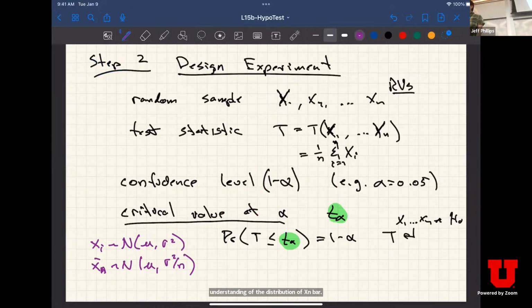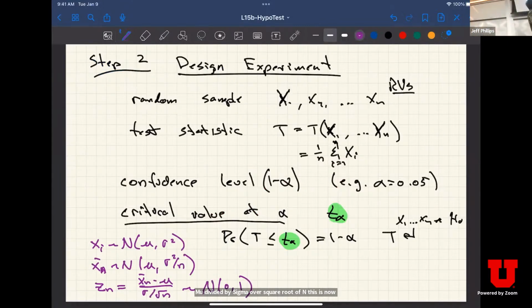And so then we can say, well, this is a normal distribution, so I want to make this into a standard normal instead. So I'm going to say Zn is equal to xn bar minus mu divided by sigma over square root of n. This is now from a standard normal distribution.